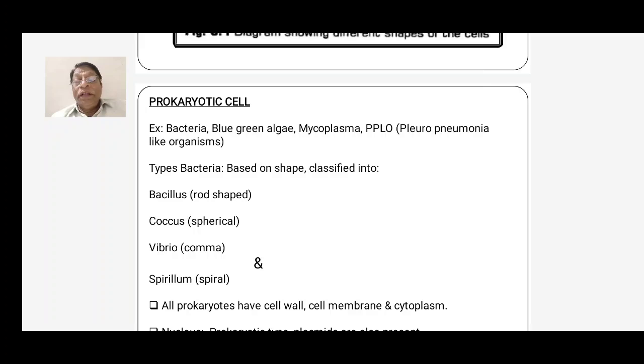Even they may vary in shape and size. That is, prokaryotic cells vary in shape and size.